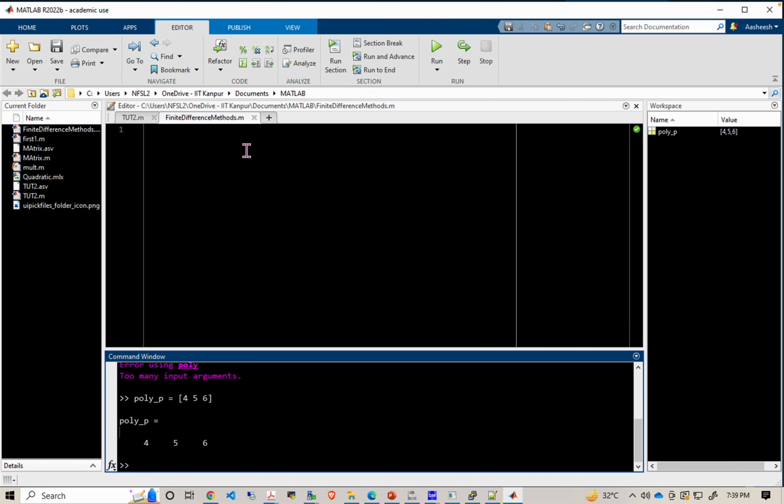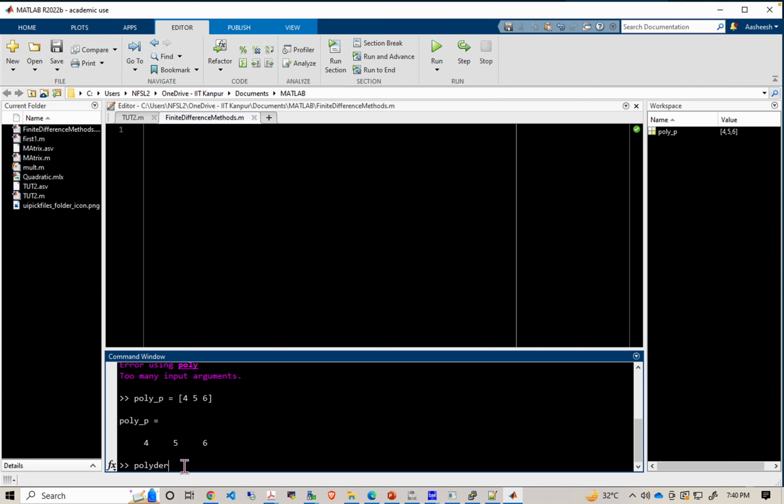Means it will be 4x square plus 5x plus 6. This kind of polynomial I have defined like this. And another is polyder.